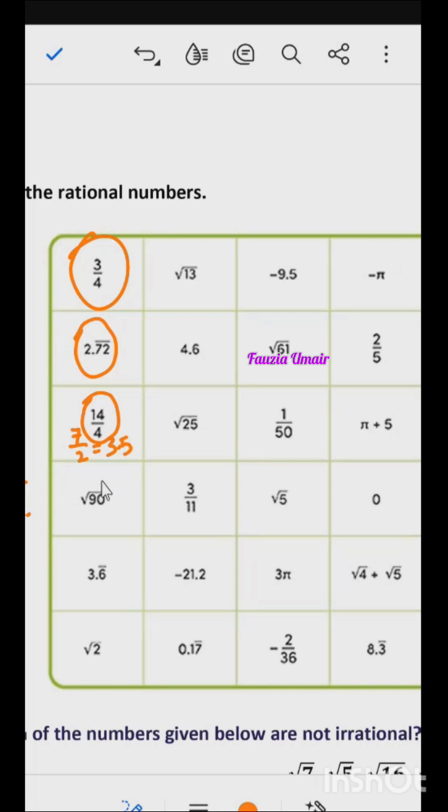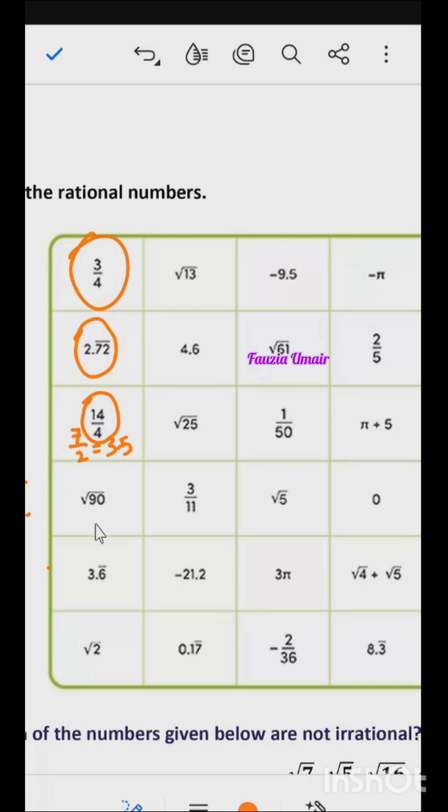Square root of 90. Please raise your hands. It is rational. Why? Because the square root is 30. Square root of 90 is not 30.